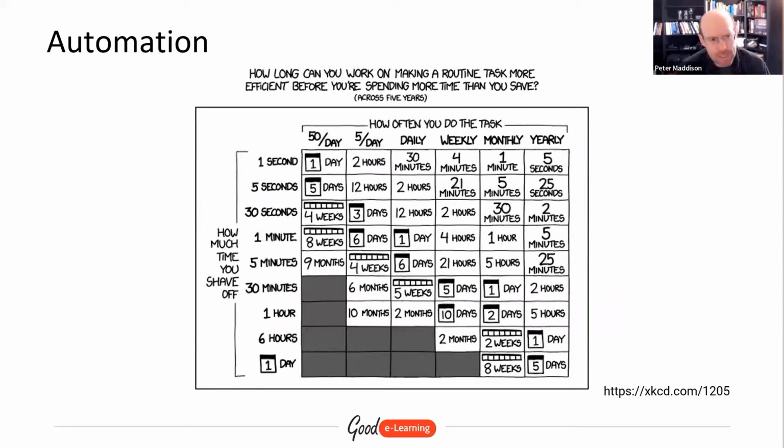Automation is obviously a key part of eliminating toil. And when we look at automation, it's also very critical to consider whether it is worthwhile for us to do the automation or not. So for example, if you have a task that takes 1 second and it runs every year, but it's manual.